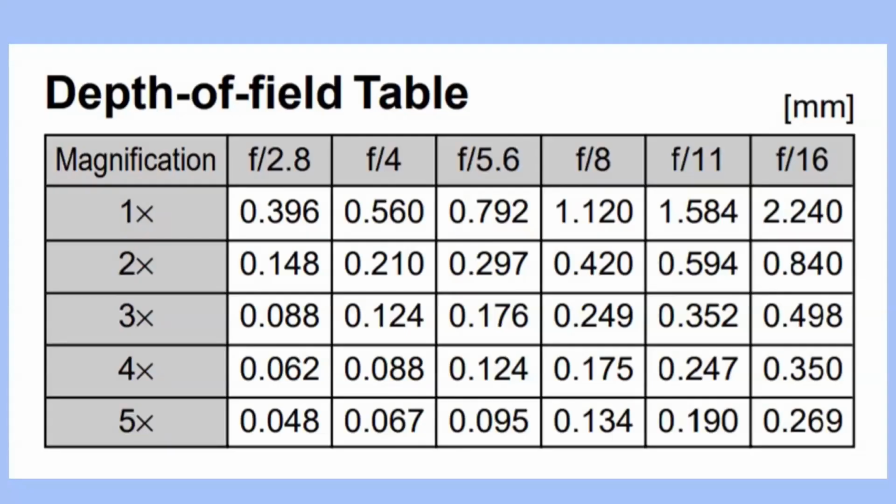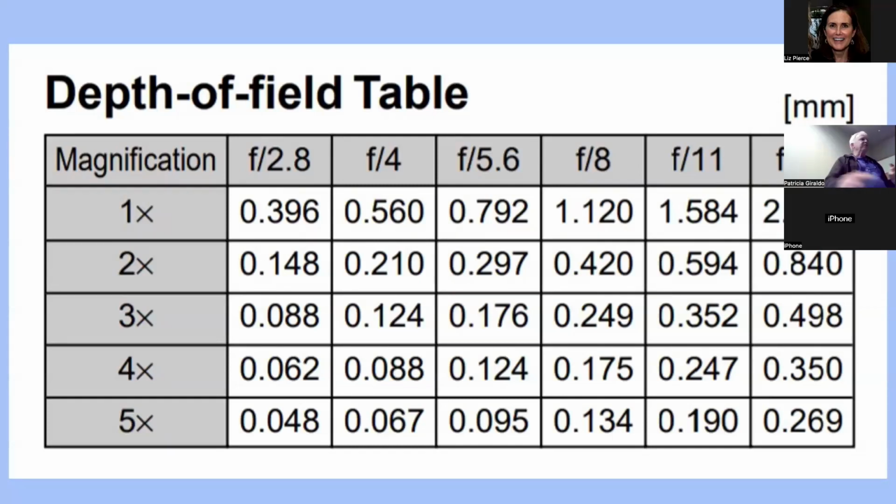Oh, the f-stop. You don't want to be at f2.8 on your lens because that is no depth of field. I think on that chart it was at f16 that I was talking about. At 2.8 you got 0.4 millimeters, less than a half a millimeter.